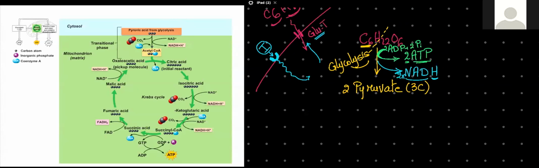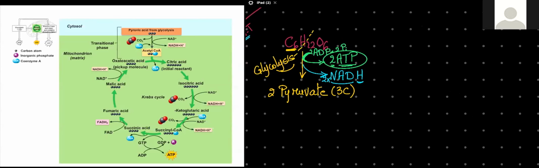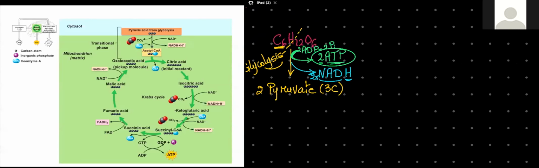But what we need to know is that from this reaction, you're going to end up having 2 ATP, a net gain of 2 ATPs. Anything seems confusing so far? All right.